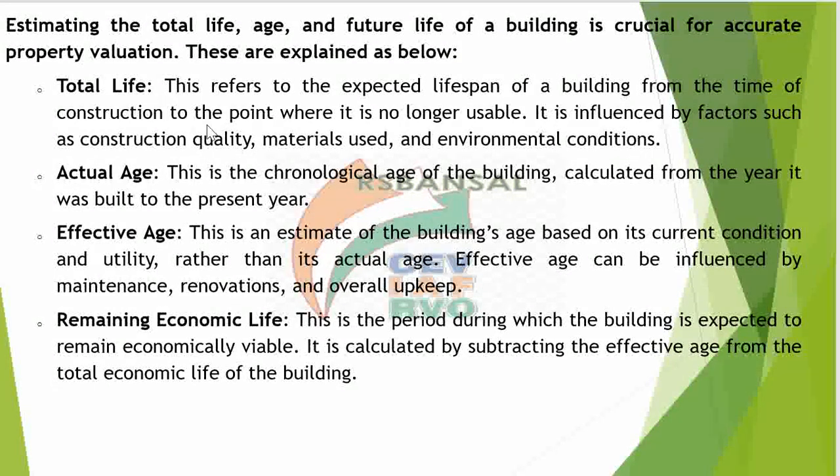Total life refers to the expected lifespan of the building from the time of construction to the point where it is no longer usable. It is influenced by factors such as construction quality, material use, and environmental conditions.